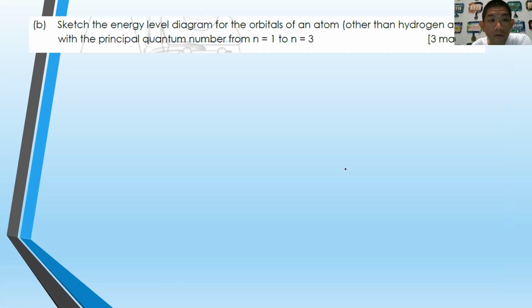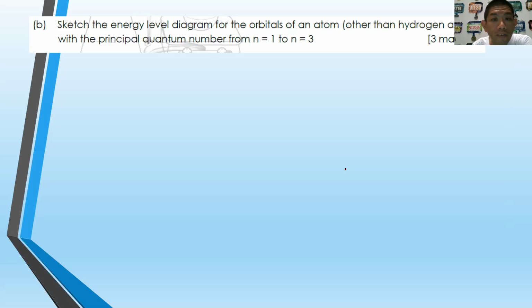So we are going to continue with part B. Sketch the energy level diagram of orbitals of an atom other than hydrogen with principal quantum number n=1 to n=3. So you sketch the energy level diagram for a multi-electron atom. You have to draw according to the Aufbau principle.